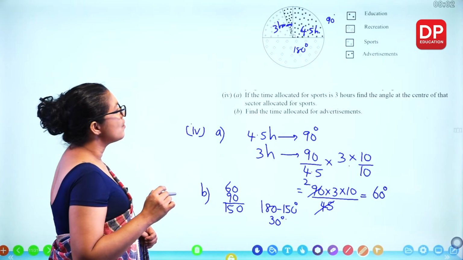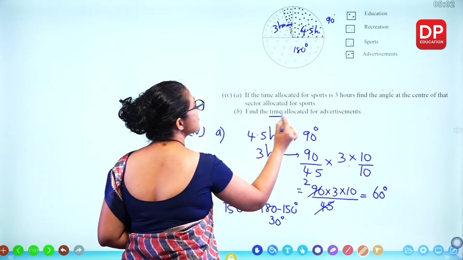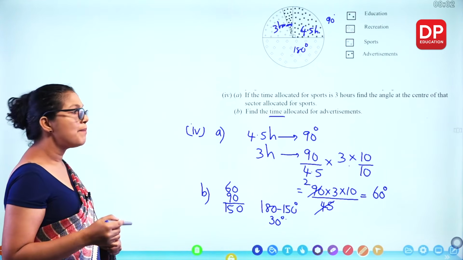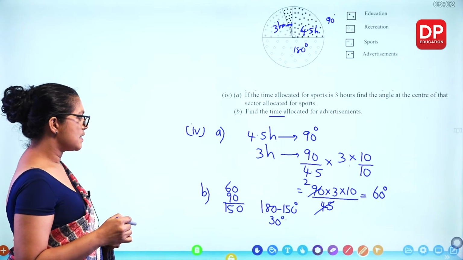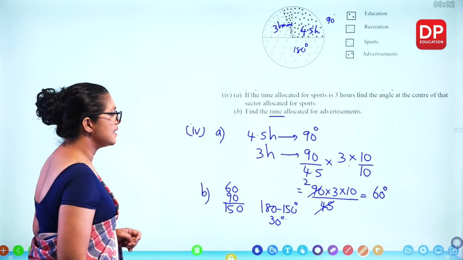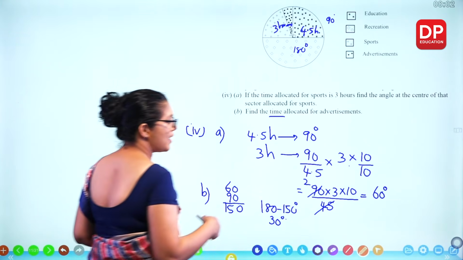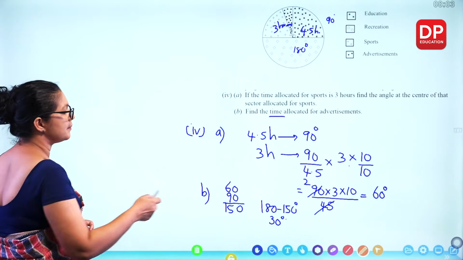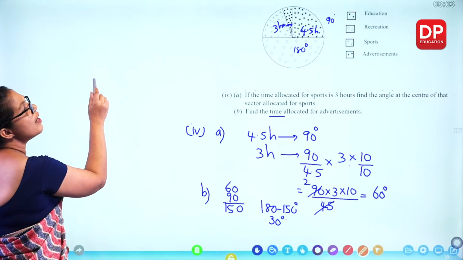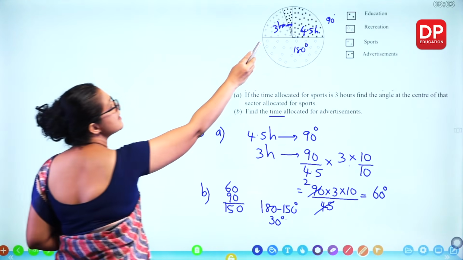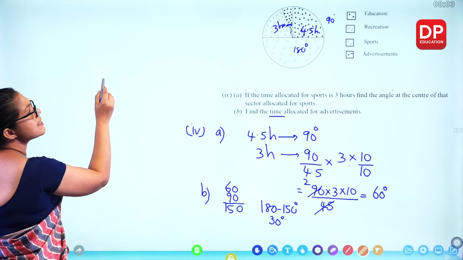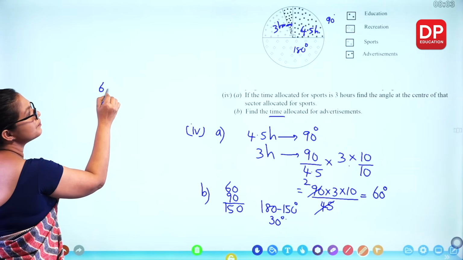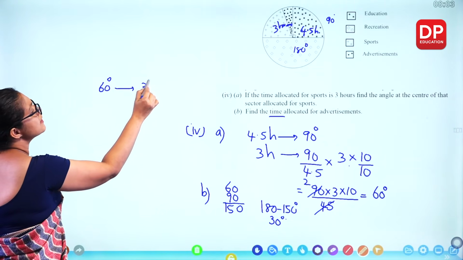degrees. So now they're asking what's the time allocated for advertisements. So 30 degrees, you need to find out the time for that. We know we can use this information now. 60 degrees, that's 3 hours.